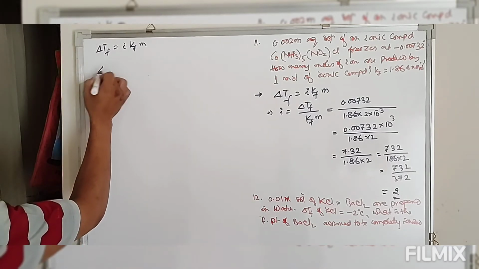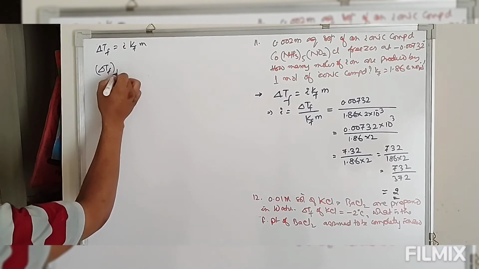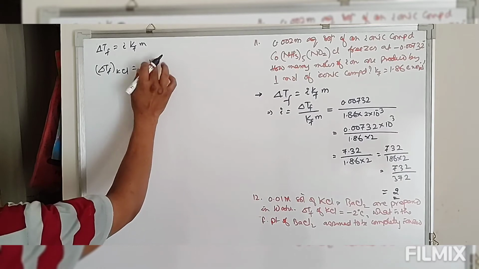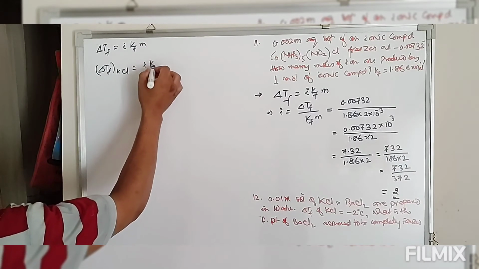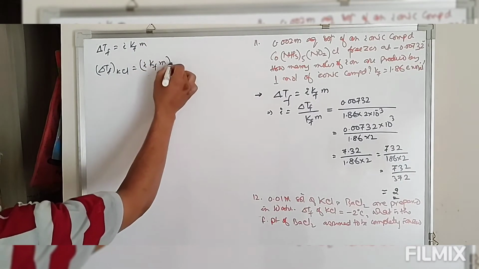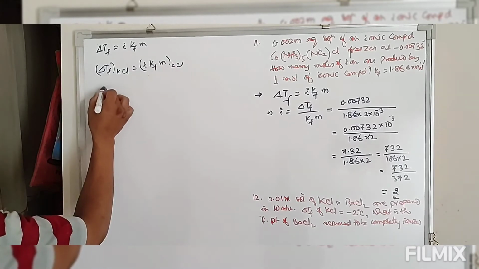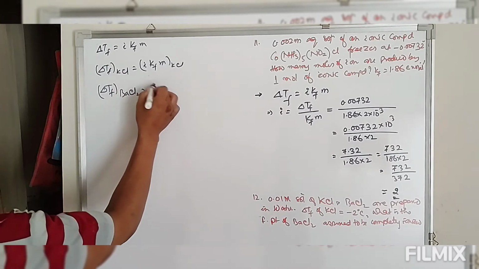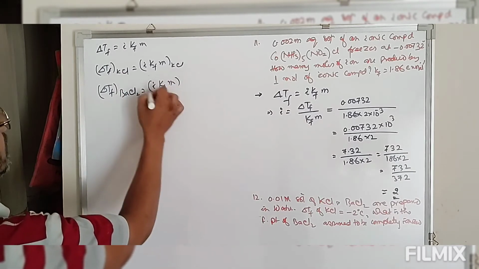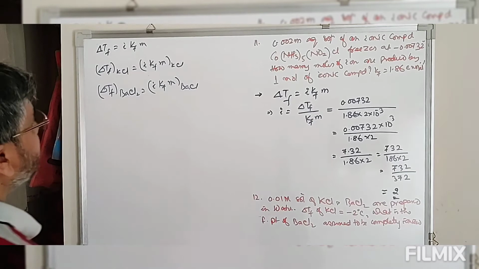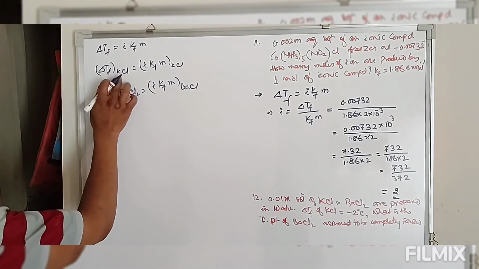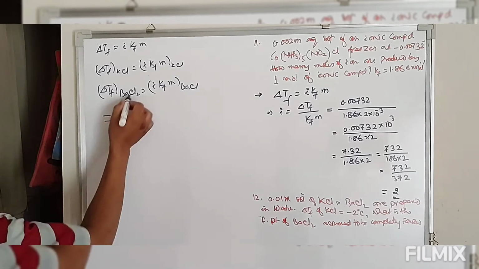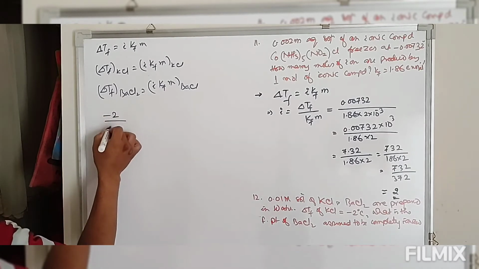Therefore, delta Tf of KCl is equal to i Kf into molality of KCl, and delta Tf of barium chloride is equal to i Kf m of barium chloride. So delta Tf of KCl is minus 2 divided by that of barium chloride, and we have to find the values.